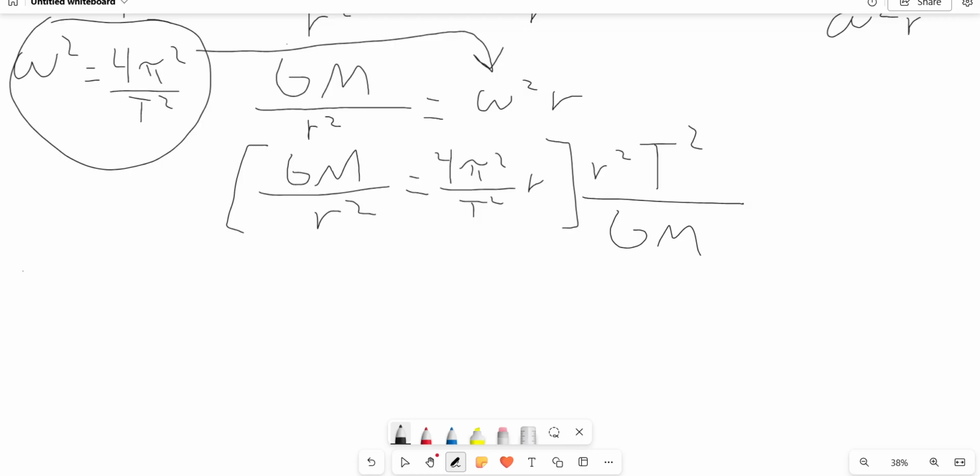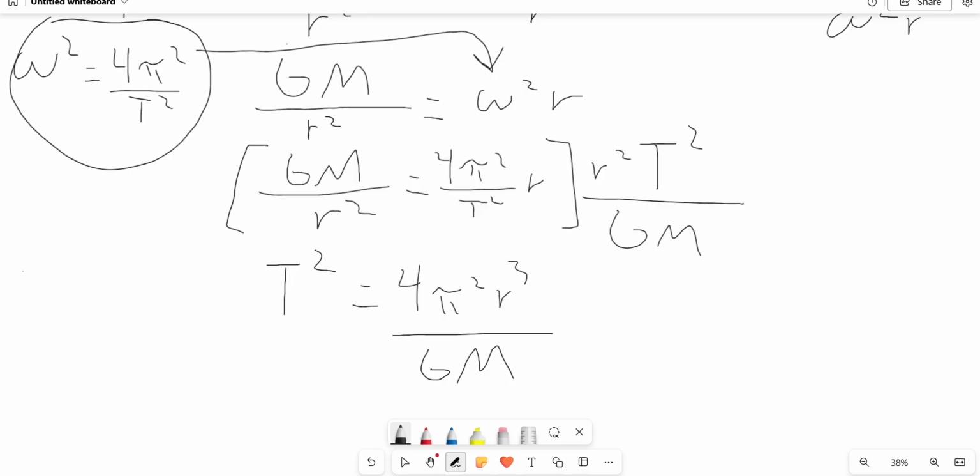If we run the numbers, that will give us T squared on the left equals 4 pi squared r cubed over GM.